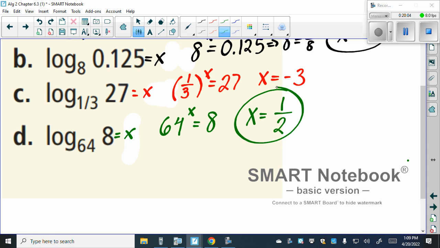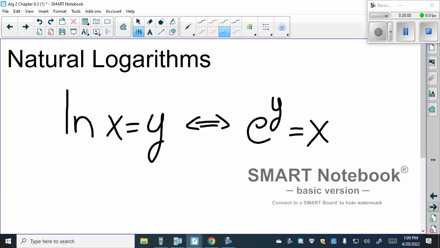All right. Are we ready for the next part? Yeah, I forgot about these. But natural logs are going to be before we finish this up. Now, the natural log, ln of x equals y, if and only if e to the y is equal to x.